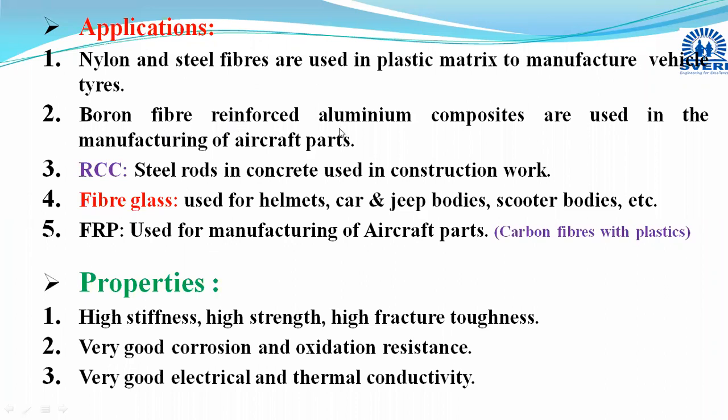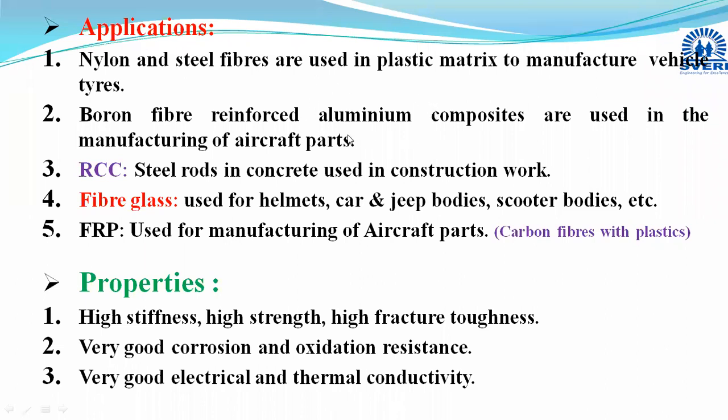In this boron fiber reinforced aluminum composite, the aluminum will be the matrix material. It will provide the toughness or required ductility, and the boron fibers introduced in this aluminum will provide the required tensile strength.